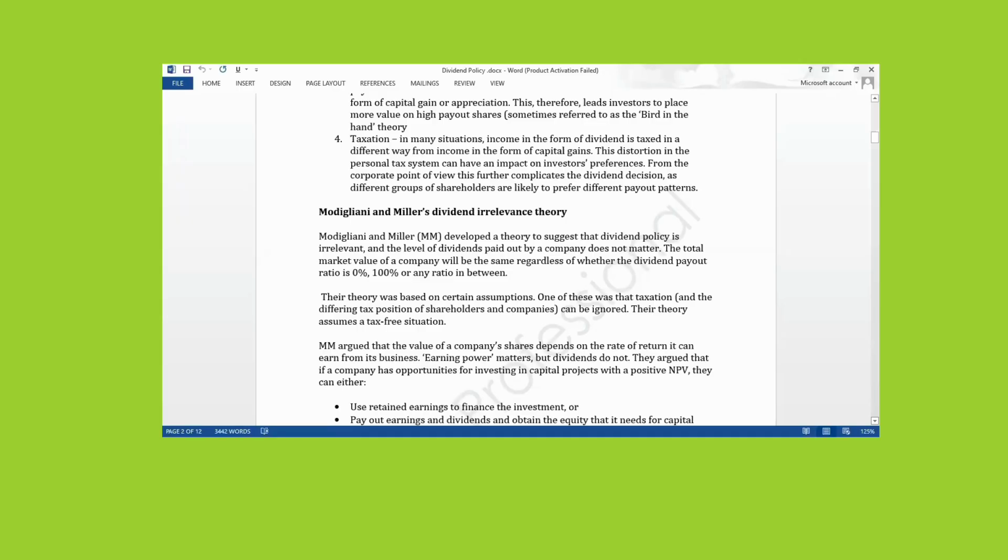One, the theory assumes that there is no taxation. The theory assumes that taxation is zero.